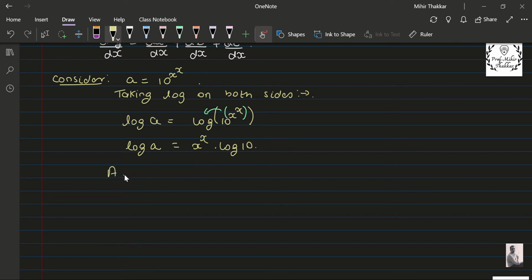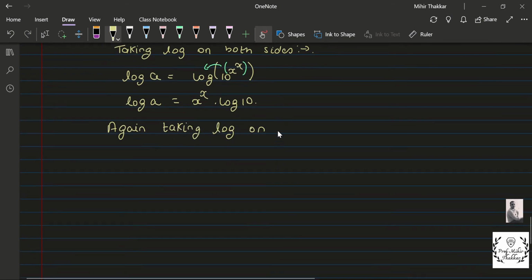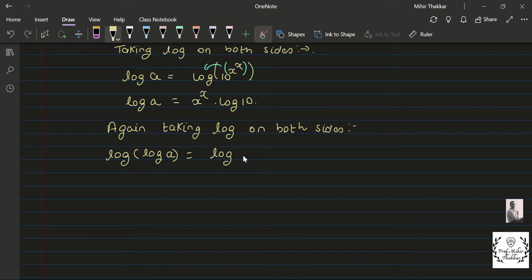So again taking log on both the sides. So this will become log of log a is equal to log of x raised to x plus log of log 10.